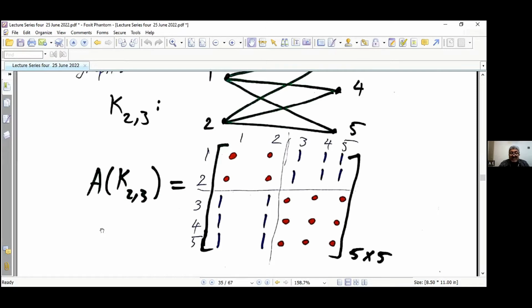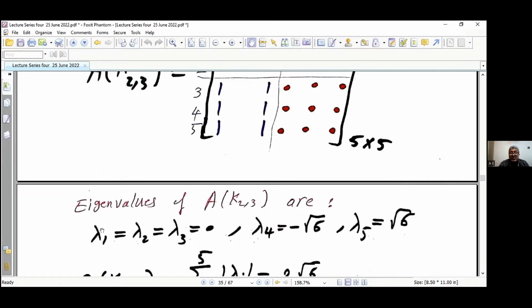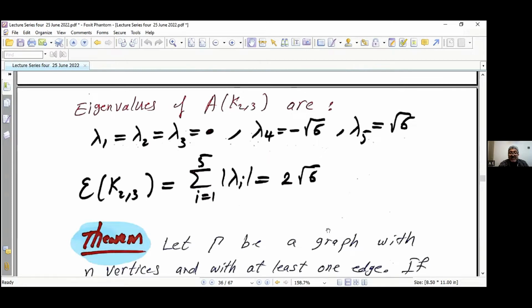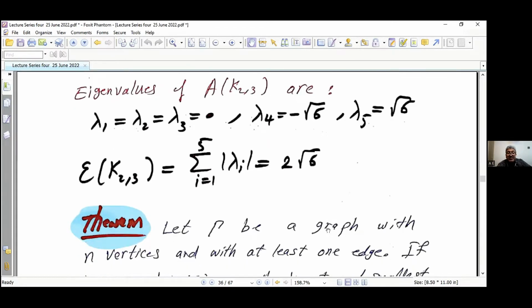Now, for the eigenvalues of the adjacency matrix, we have 3 zeros, and 2 non-zero eigenvalues: minus root 6 and plus root 6. So the energy of this graph is the sum of the absolute values of all eigenvalues, and that's equal to 2 times root 6. That's the energy of the complete bipartite graph K_{2,3}.